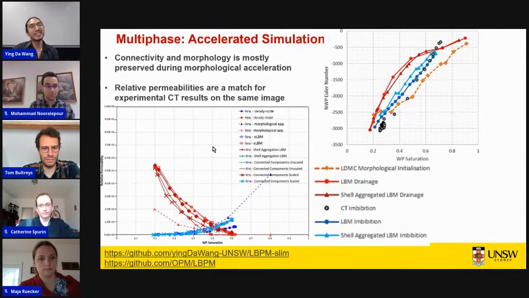Again, depending on how aggressive you morphologically transform and how much you rely on LBM to fix your estimates, you can get some aggressive snap-off effects. Yeah.